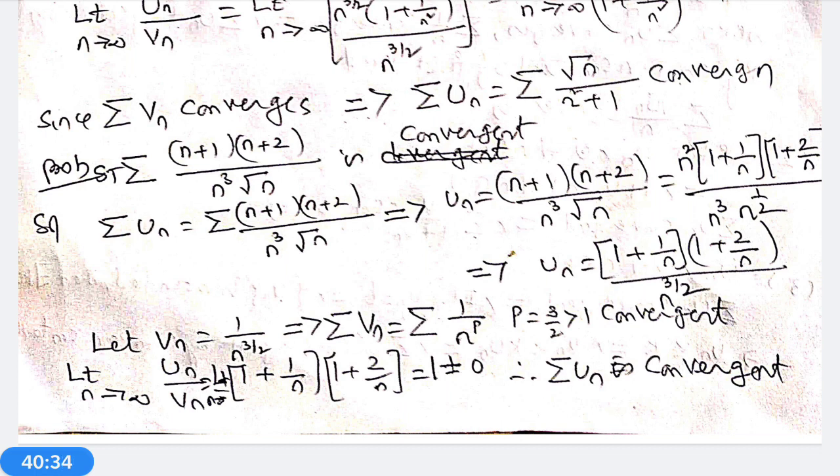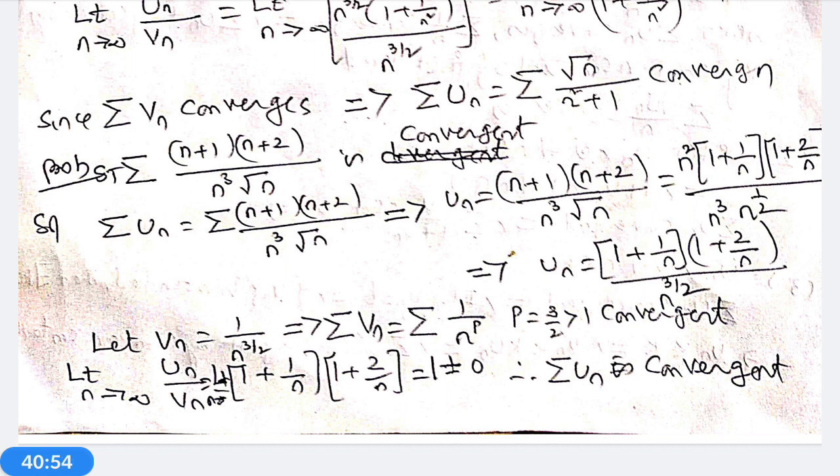This implies u(n) is equal to 1 plus 1 by n into 1 plus 2 by n, by n power 3 by 2. Let v(n) is equal to 1 by n power 3 by 2. Sigma v(n) is equal to sigma 1 by n power p, p is equal to 3 by 2 greater than 1.